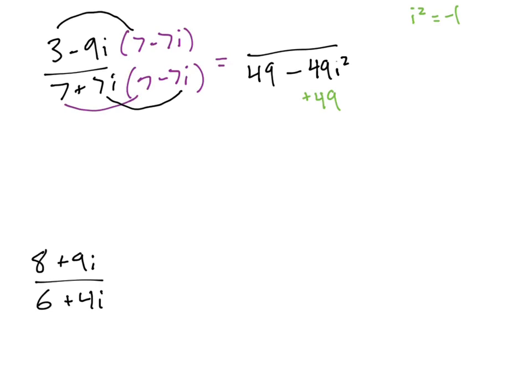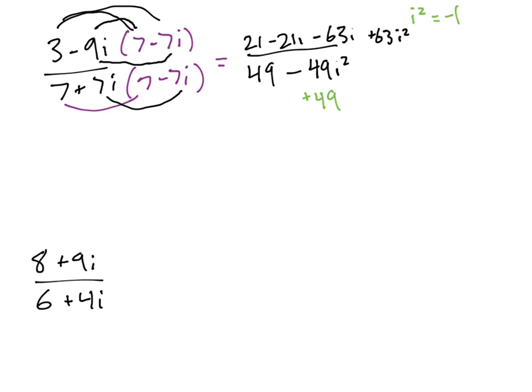3 times 7 is 21. 3 times negative 7i is negative 21i. Negative 9i times 7 is negative 63i. And negative 9i times negative 7i is positive 63i squared.